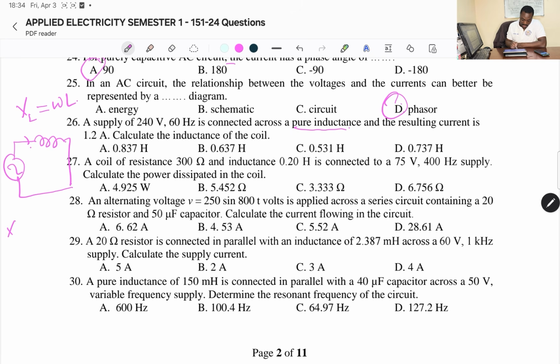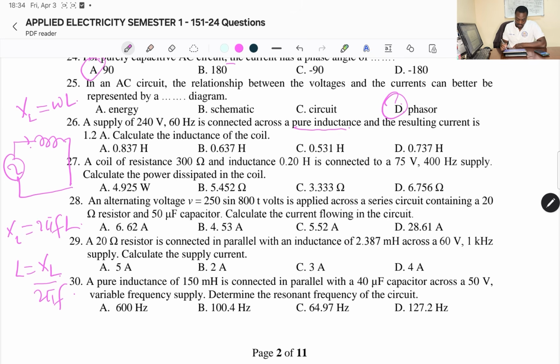And we know the angular velocity is 2 pi f, times the inductance. If we are interested in inductance, we make inductance the subject and get reactance over 2 pi f, right? But here I don't know the reactance. So how do I calculate the reactance and replace it in the formula?